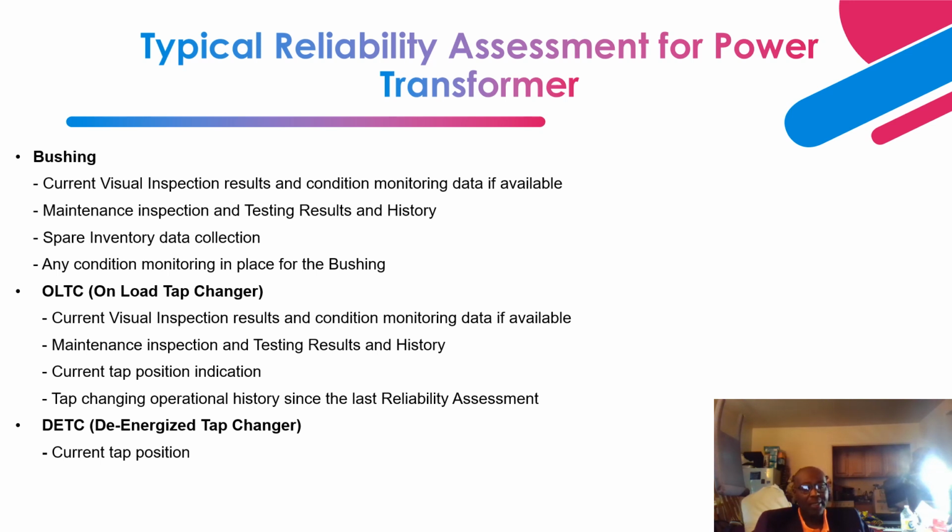Because you know that the on-load tap changer operates based on a bandwidth of a voltage change. And so it's possible that the bandwidth is so tight that it is causing that frequent tap changing. So it requires readjustment of the bandwidth setting of the voltage regulator.